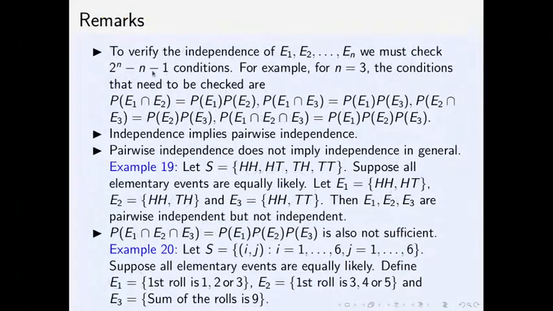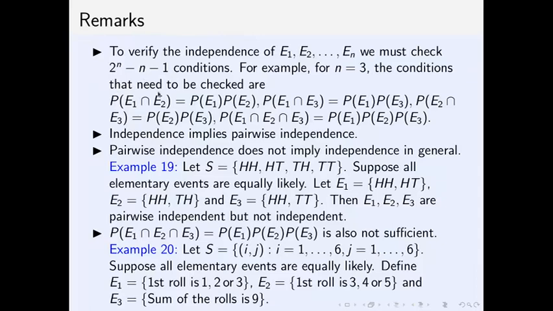So that basically means to verify the independence of n events, I need to check 2 to the power n minus 1 conditions, and to verify if this collection is pairwise independent or not, I need to check nC2 conditions. And note that these nC2 conditions are basically part of the 2 to the power n minus 1 conditions.